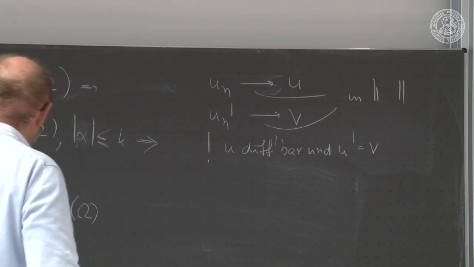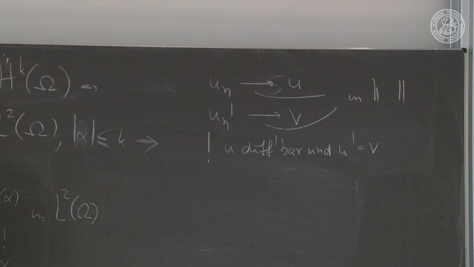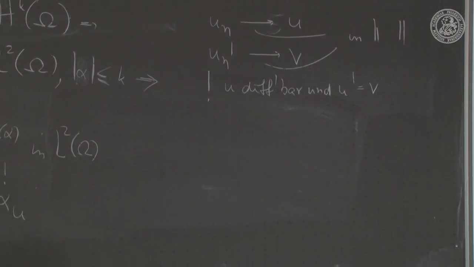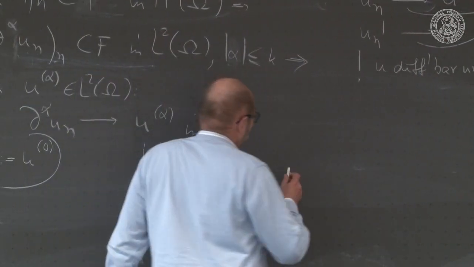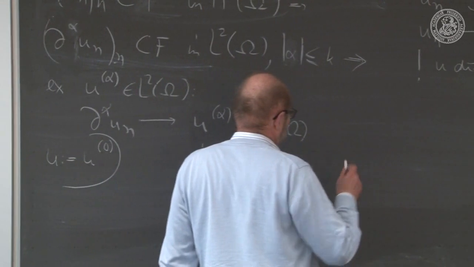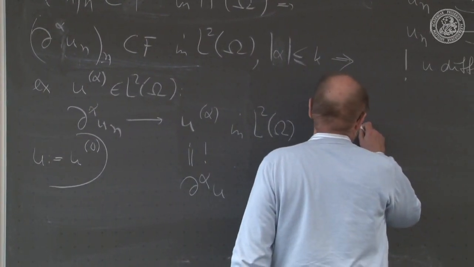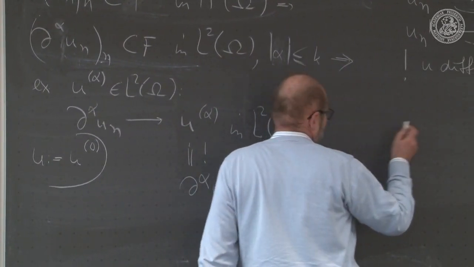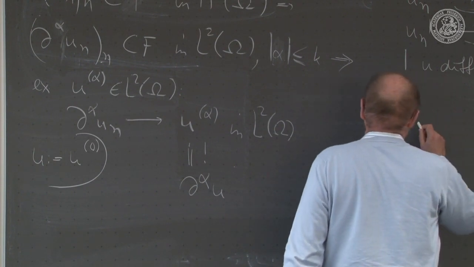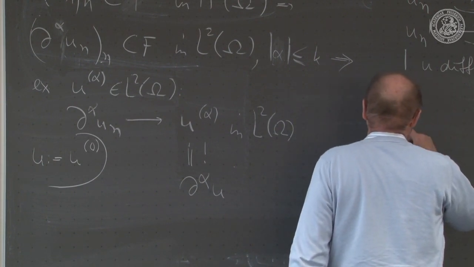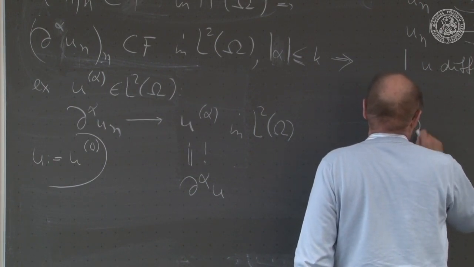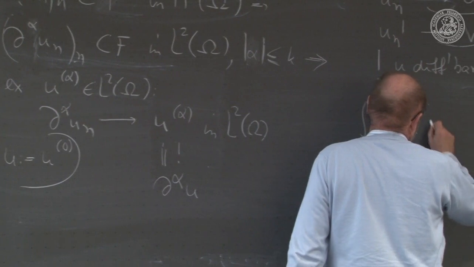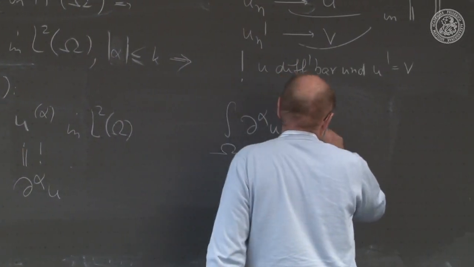The amazing thing with the weak derivatives is what I claim here: for the weak derivatives, L2 convergence is good. And why is this so? Okay, what is a weak derivative? We have here the weak derivative, and what kind of function does it have to be?